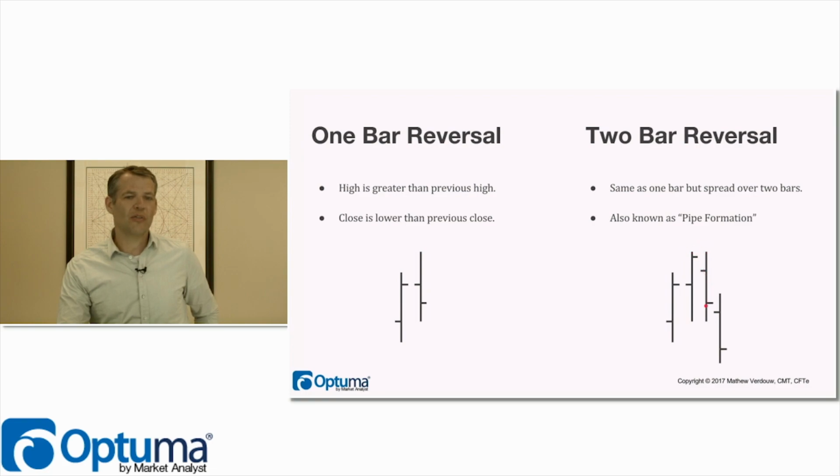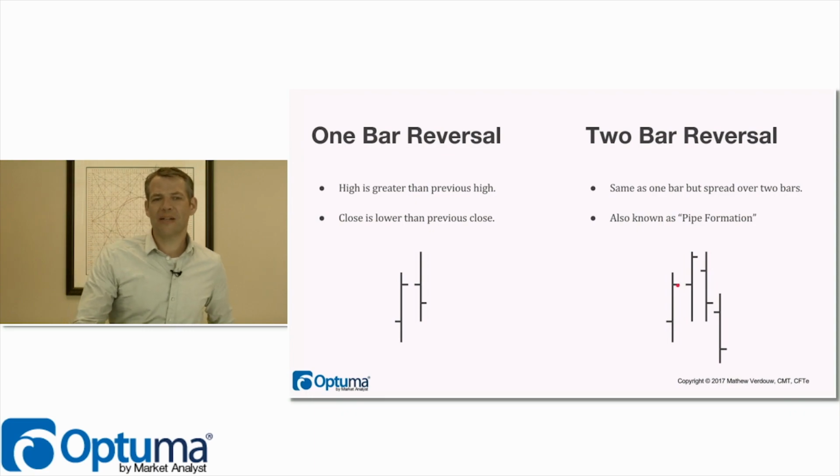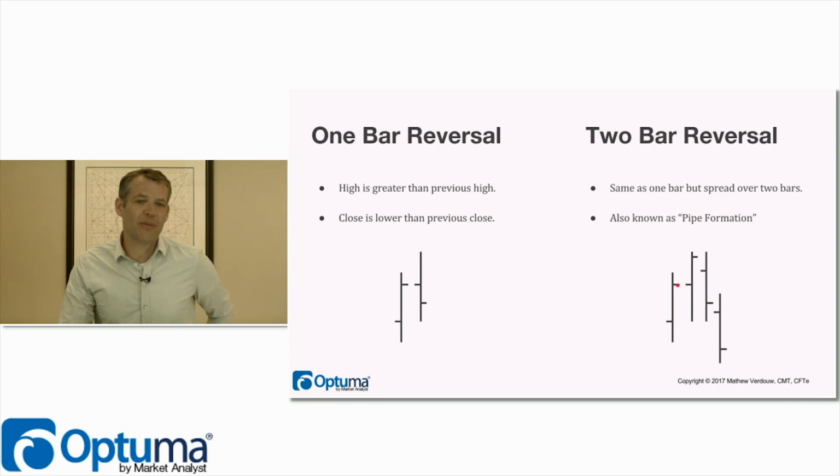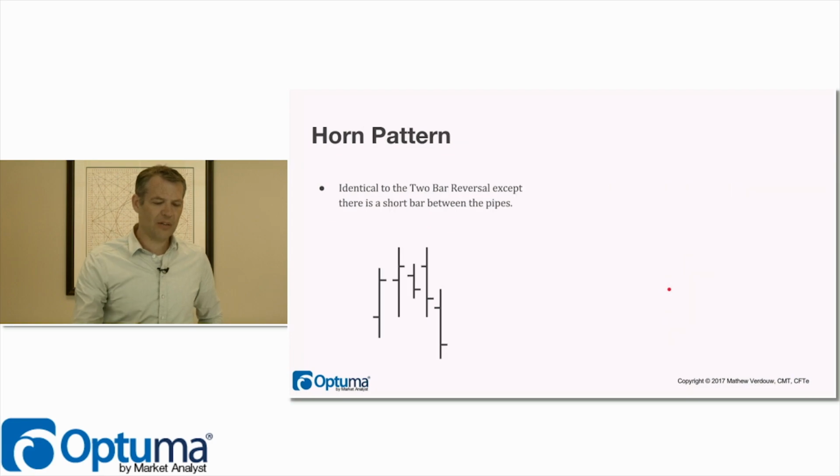And then we close lower. This close is lower than the close here before we went into the two bar pattern. Also known as pipe formation. You may hear that as well. Again, just a reversal pattern to know.